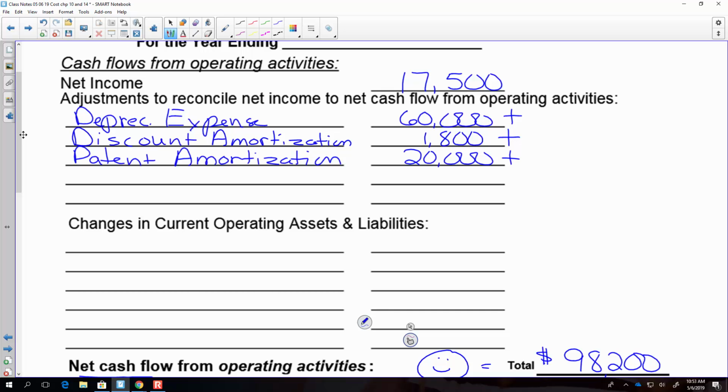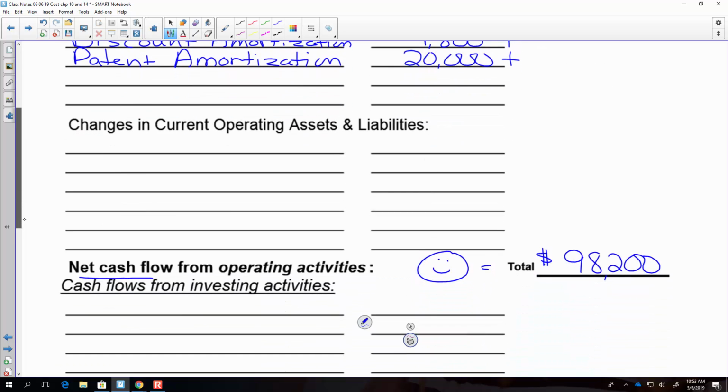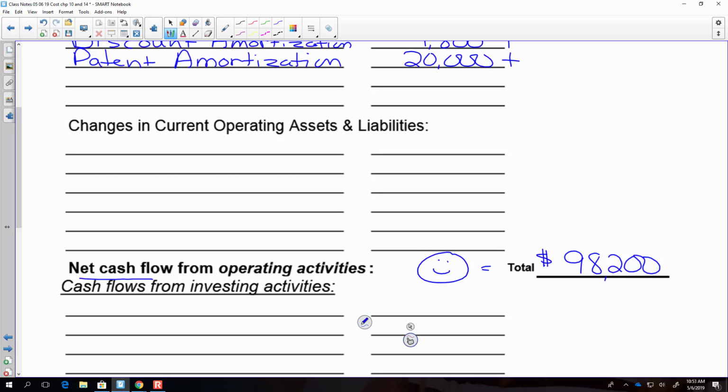Let's look at our changes to current assets first. So what's our first current asset? Accounts receivable. Did it go up or down?